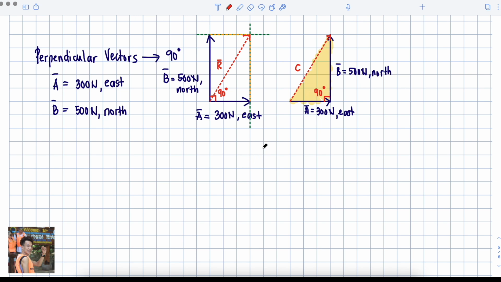And we could apply the Pythagorean theorem, wherein c squared is equal to a squared plus b squared, or the length of the hypotenuse is equal to the square root of the sum of a squared plus b squared.